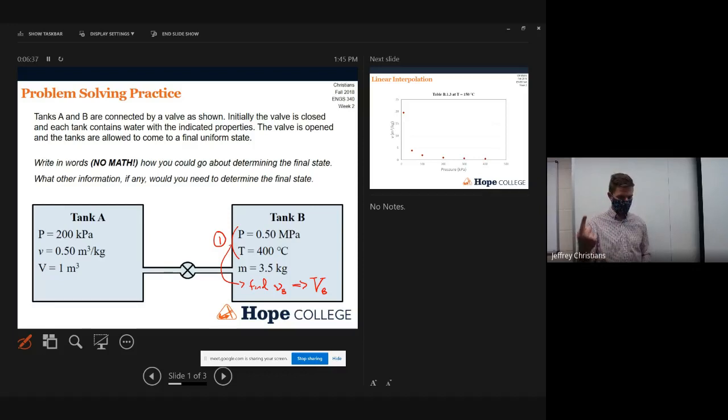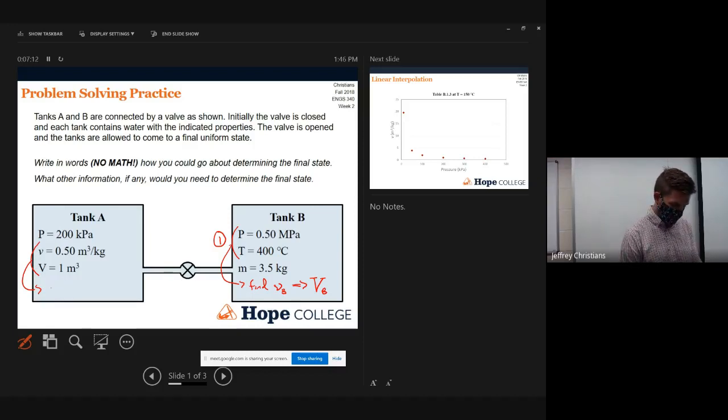So that gives us now the total mass that's in B and the total volume of tank B. So we could do a similar thing in tank A to find the total mass of tank A. We can use these two and find the mass of A. I said write in words, but I'm kind of writing in math.